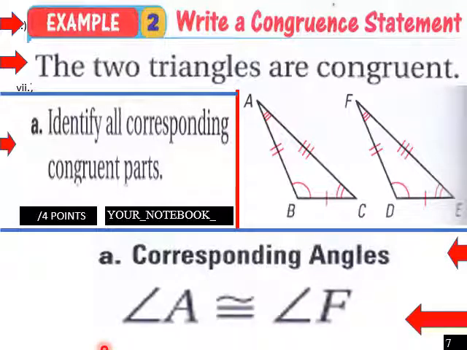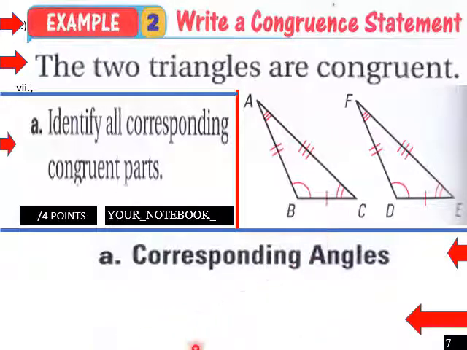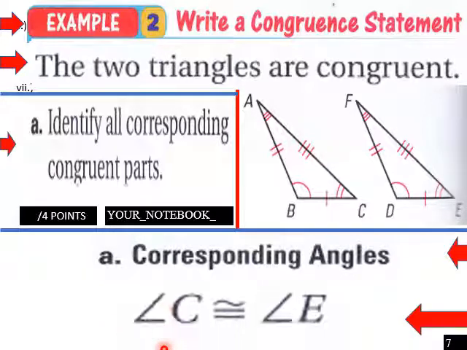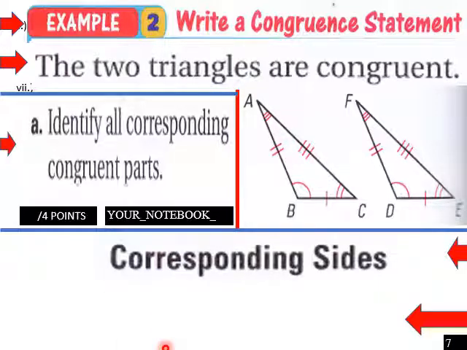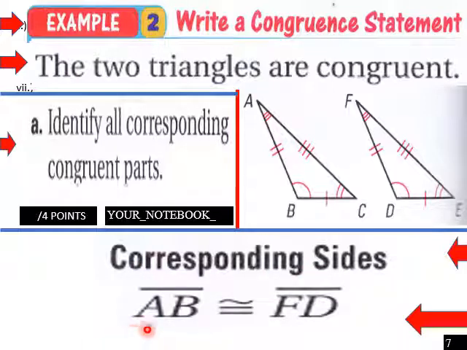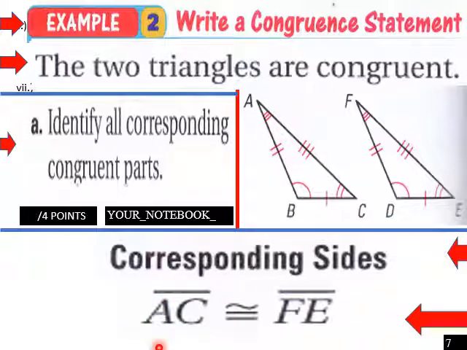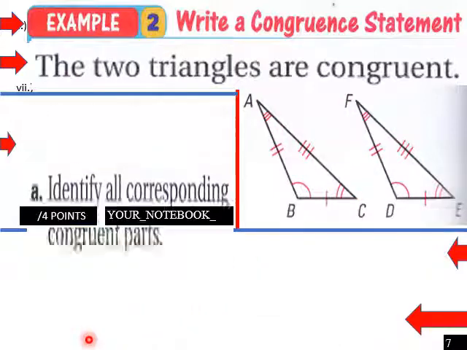Corresponding angles: angle A is congruent to angle F. Angle B is congruent to angle D. Angle C is congruent to angle E. Corresponding sides: AB is congruent to FD. BC is congruent to DE. And then line AC is congruent to FE here.